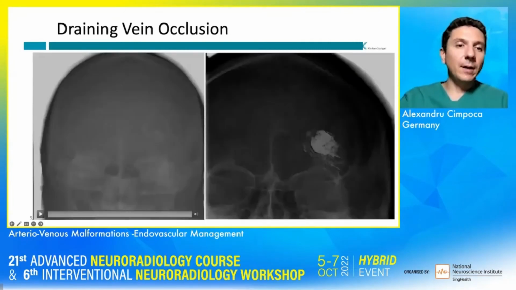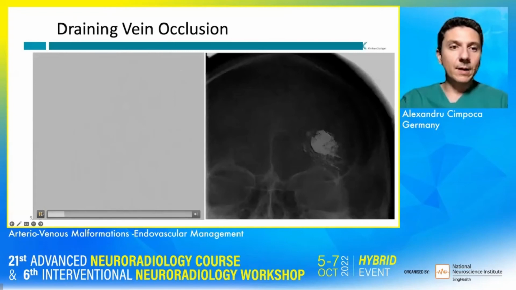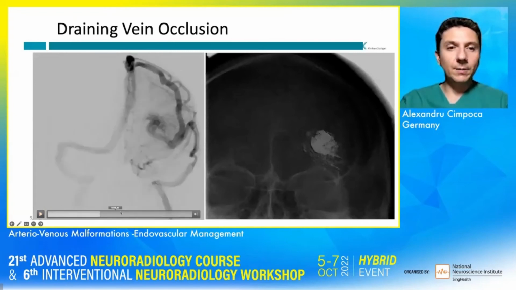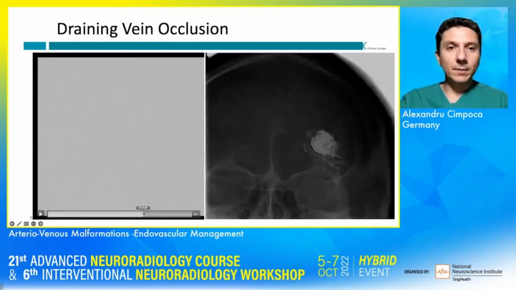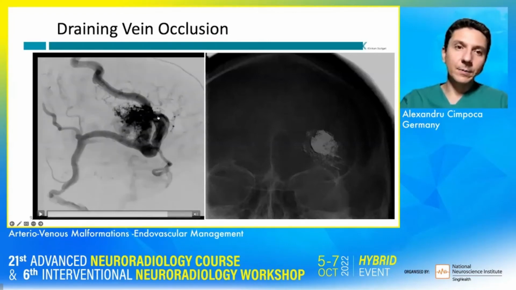Occlusion of the draining vein can also end in catastrophe. So this is a case of a pretty large AVM, which was planned for a final preoperative embolization. The idea was to close as much of these arterial feeders as possible and then occlude the vein.